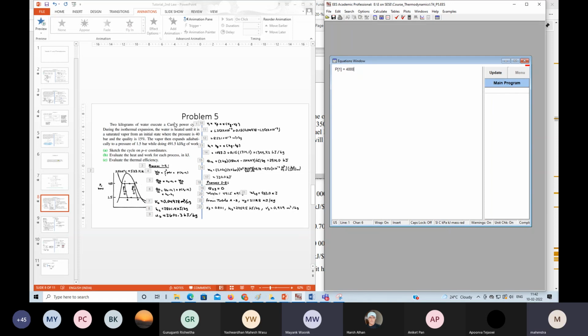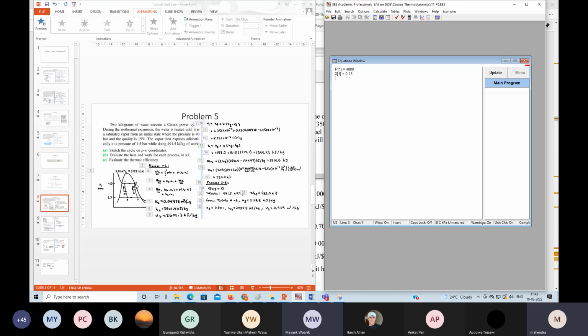Temperatures are not given anyhow. That is P1. There X1 is given in your problem, that is 0.15.